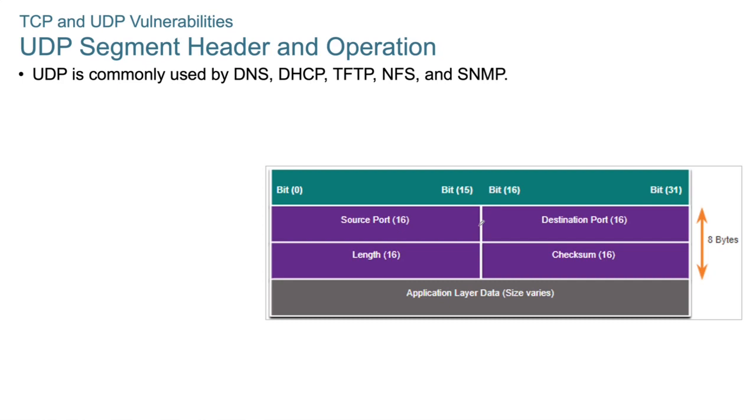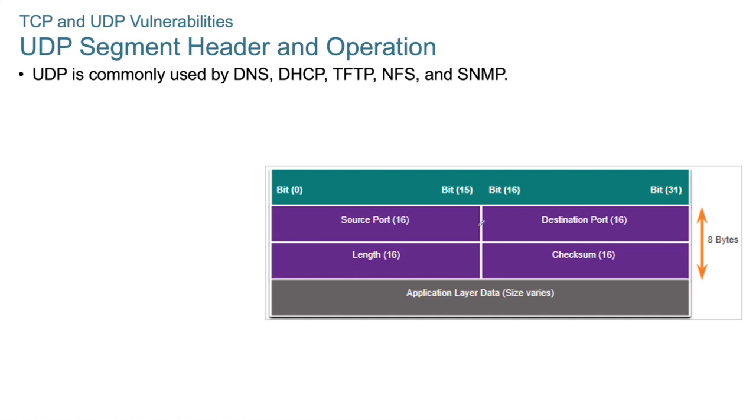The lower overhead of UDP makes it very desirable for protocols that make simple request and reply transmissions. For example, using TCP for the Dynamic Host Configuration Protocol, DHCP, would introduce unnecessary network traffic.